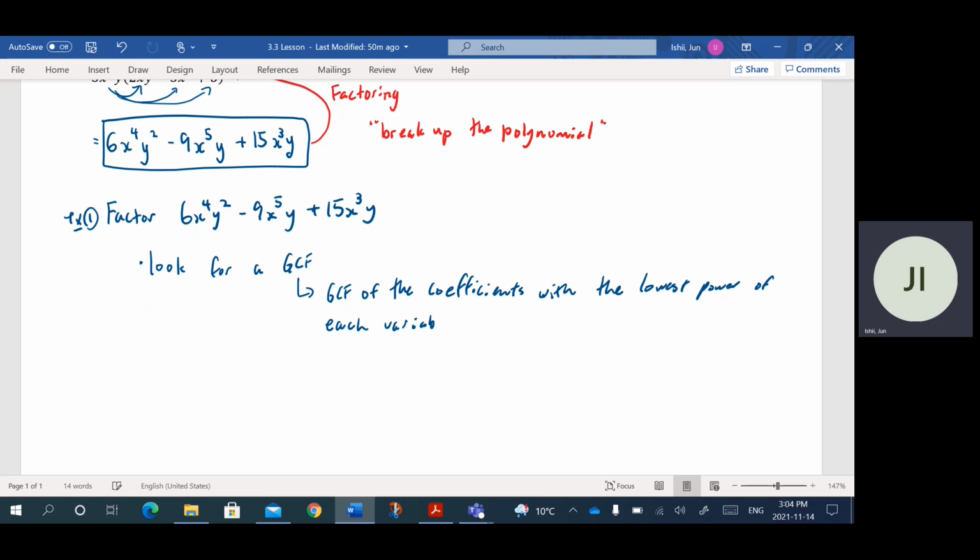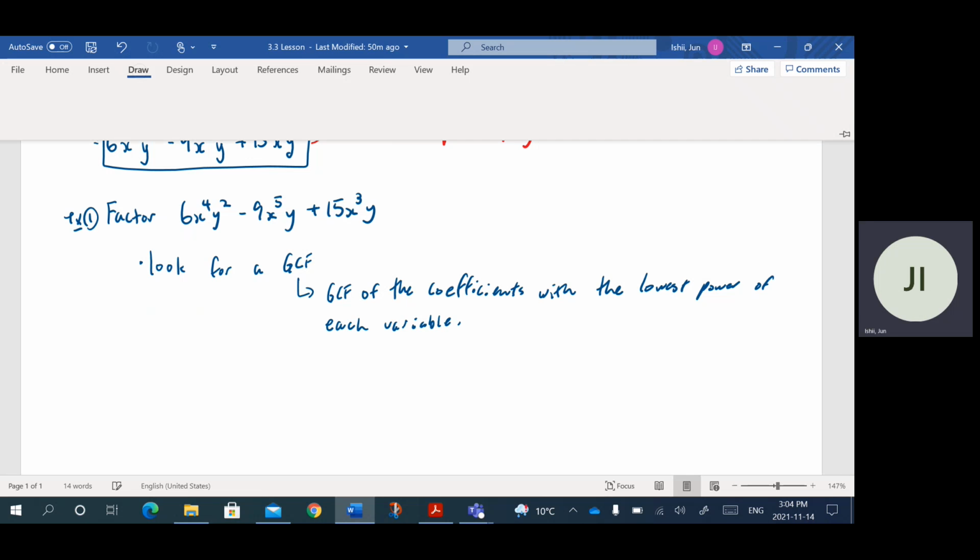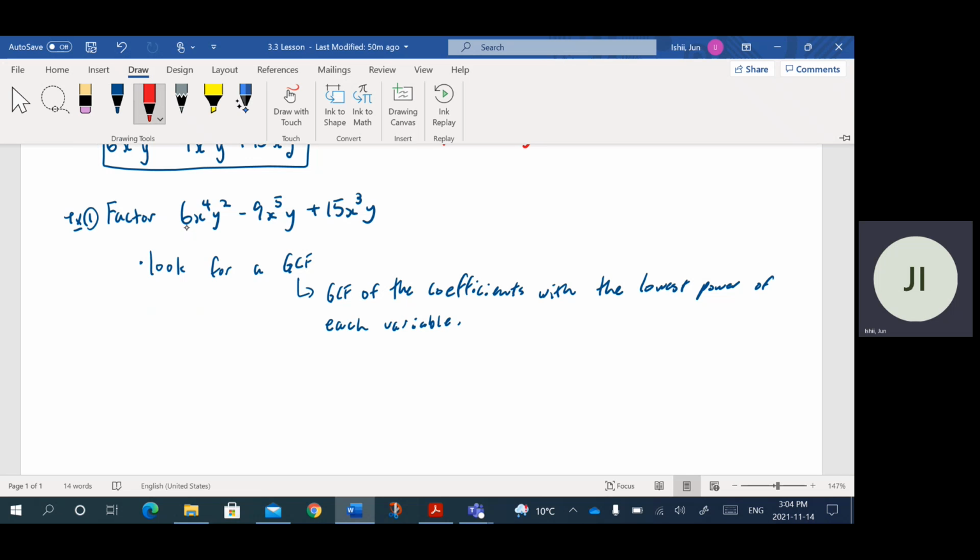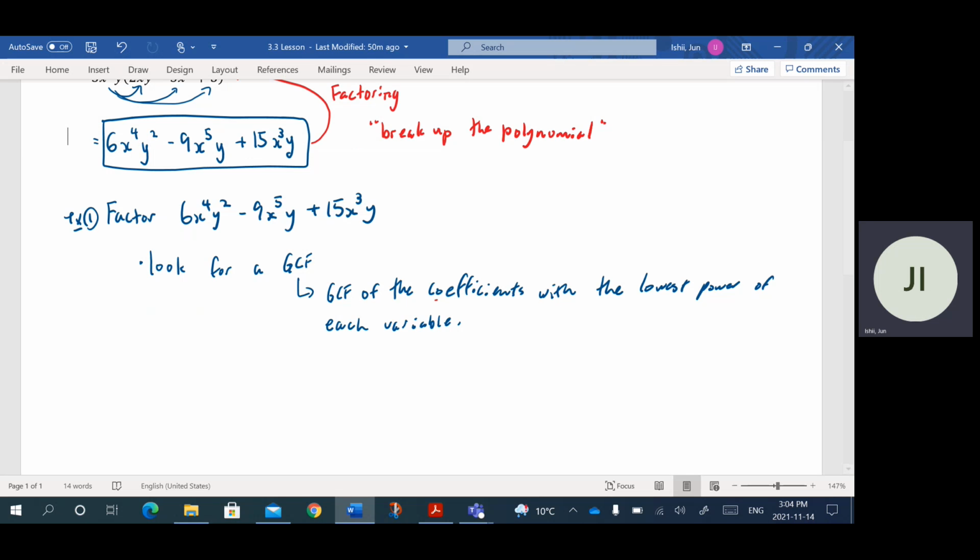What that means is that we're going to take the greatest common factor of the coefficients. Coefficients are the numbers in front of each one of these terms. That's the first thing we're going to look at. I want to find what number goes into all three of these, and is the greatest or the biggest number.